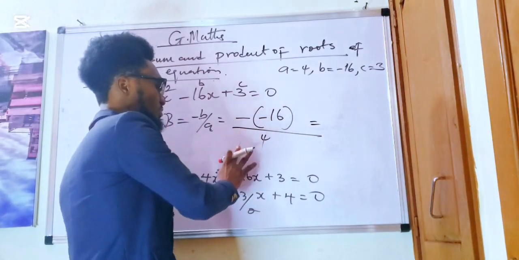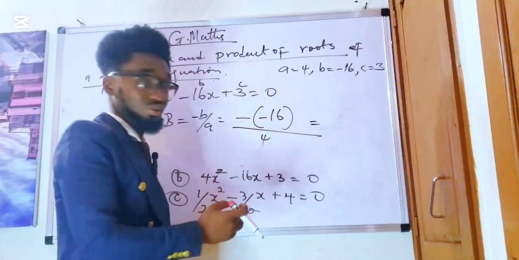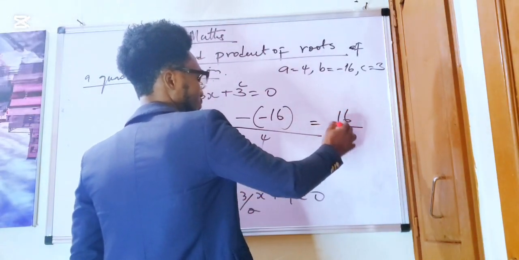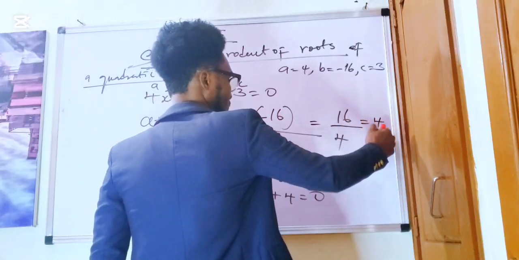Minus multiplied by minus gives a positive 16. We have 16 divided by 4, and when 4 divides 16, we have 4.